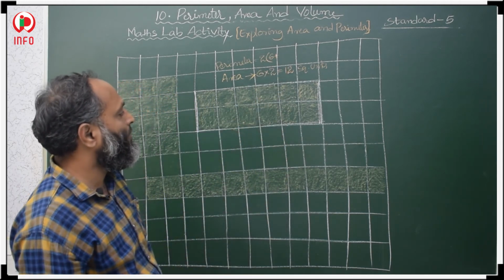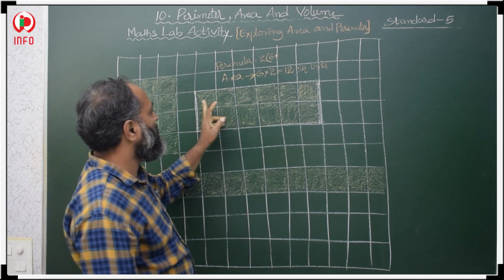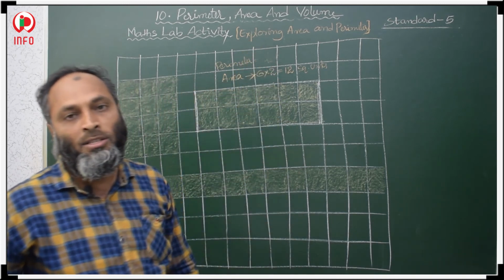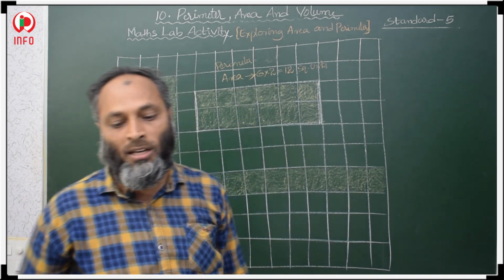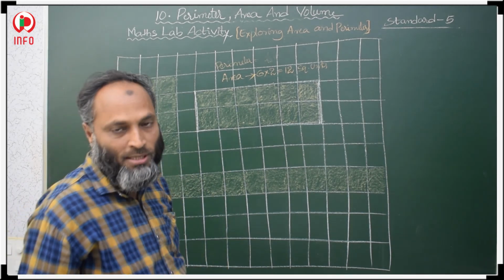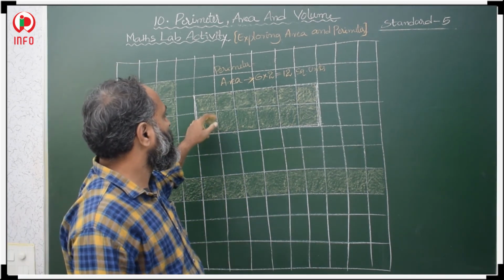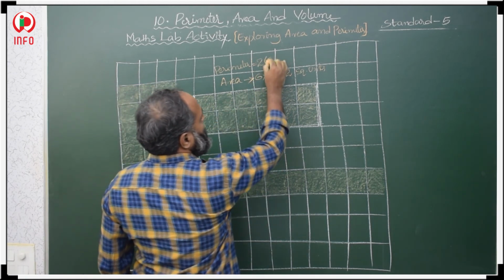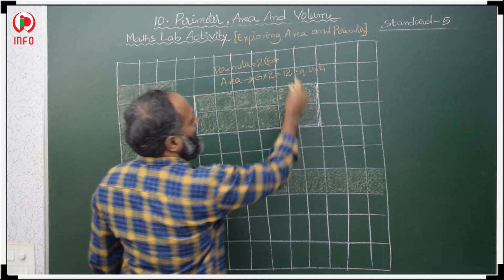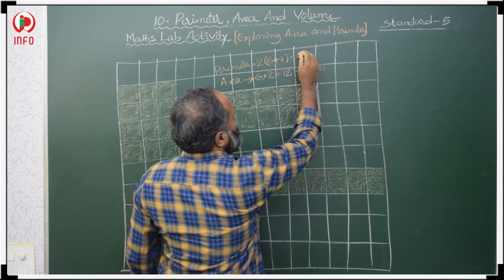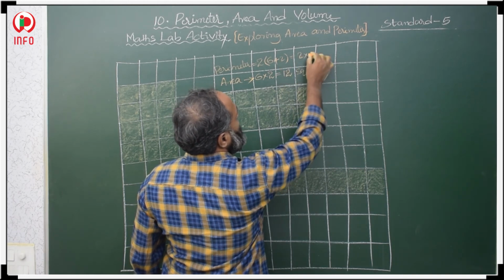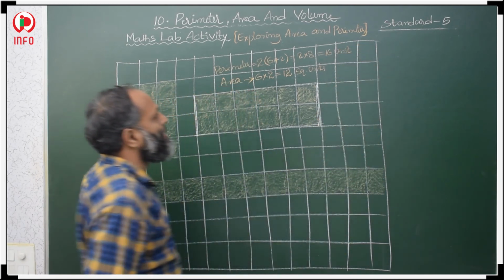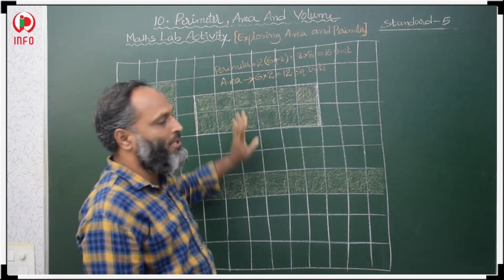So the perimeter is 2 into length plus breadth, that is 2 into 6 plus 2, which is 8. 2 8s are 16 units. This is the area and this is the perimeter.